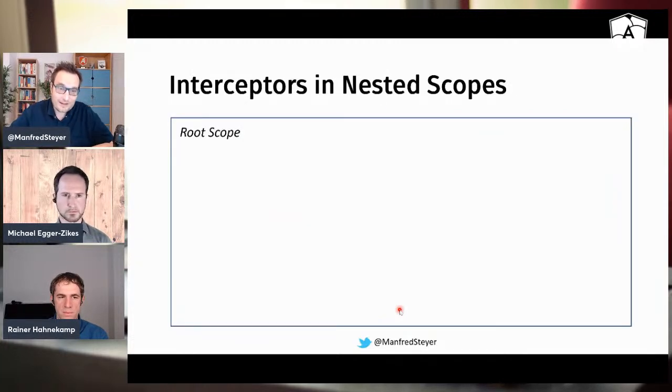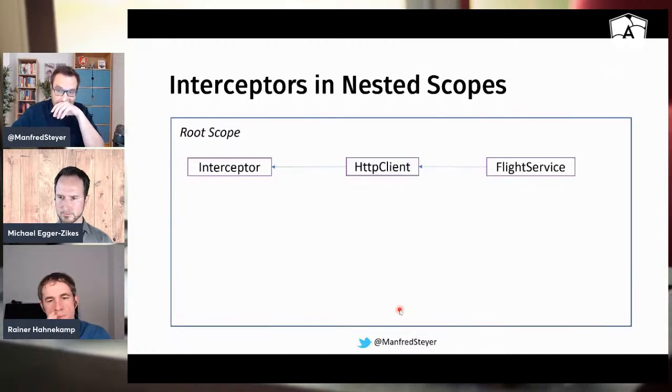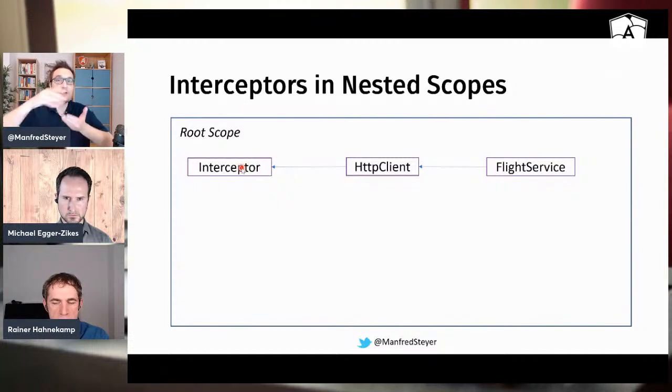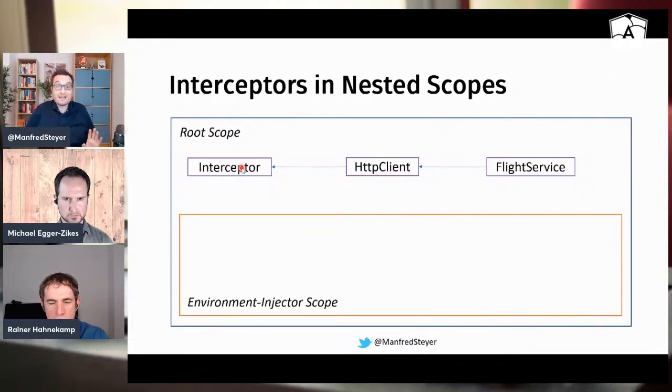I have a little tiny drawing for you to visualize this concept. Let's say we have the root scope here. Let's say we have an interceptor here. It was set up for the HTTP client in the root scope. And if our flight service is using this HTTP client, then this outer interceptor obviously will be triggered. It can influence all outgoing requests and all incoming responses. Now we also have a lazy part.